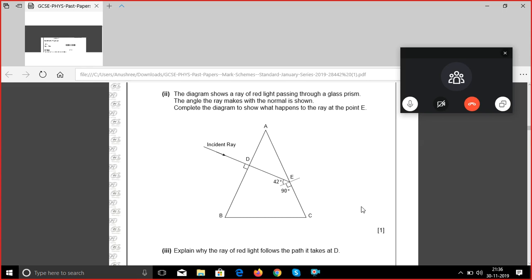So first what you have to do, first you have to complete this diagram, okay? And then you do it. Let me get the ruler. One moment, just need to get my ruler.